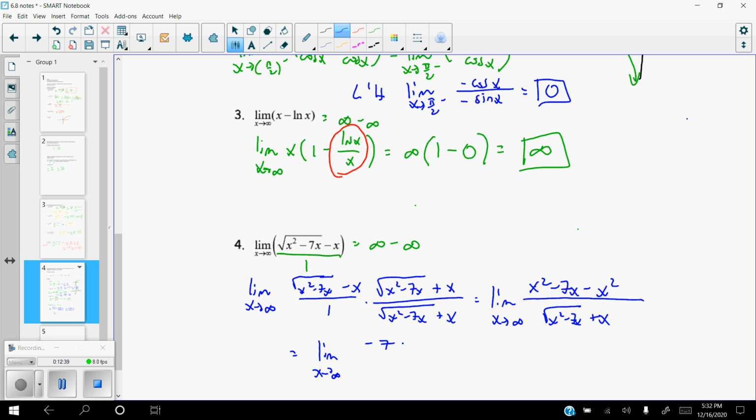So now I get negative 7x on top over the square root of x squared minus 7x plus x. And now what we get is some form of infinity over another form of infinity.